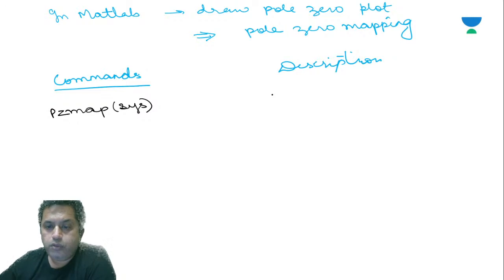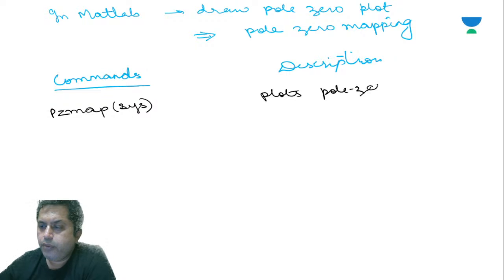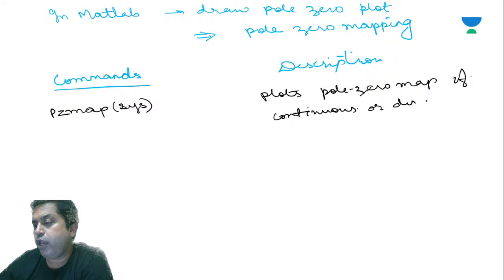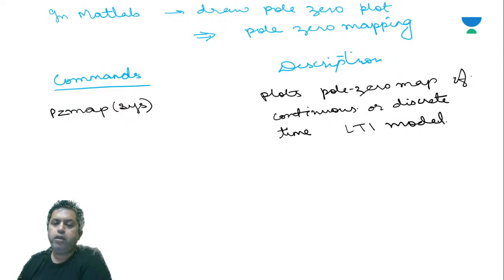Okay, so it plots the pole zero map of a continuous or discrete time LTI model. Continuous or discrete time LTI model.